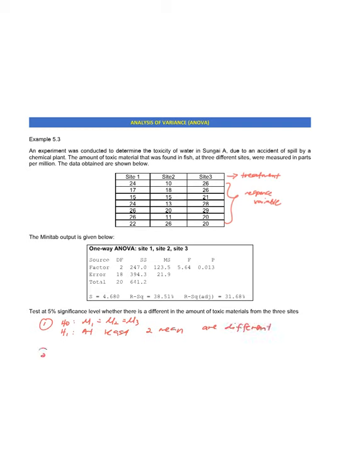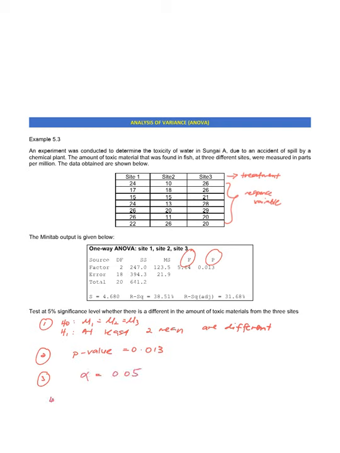Okay, step yang kedua. Awak ada 2 pilihan, sama ada nak guna F ataupun p value. Let's say saya nak guna p value lah. So, p value kita adalah 0.013. Alpha kita adalah 0.05.